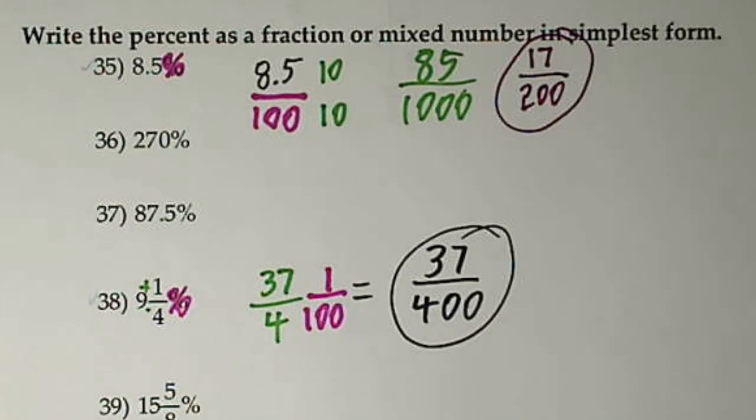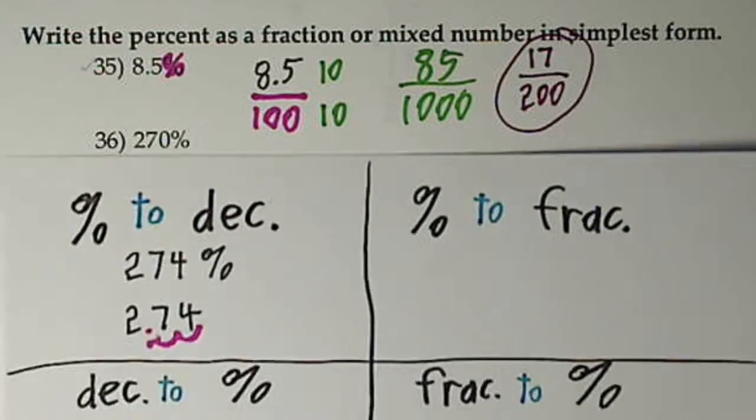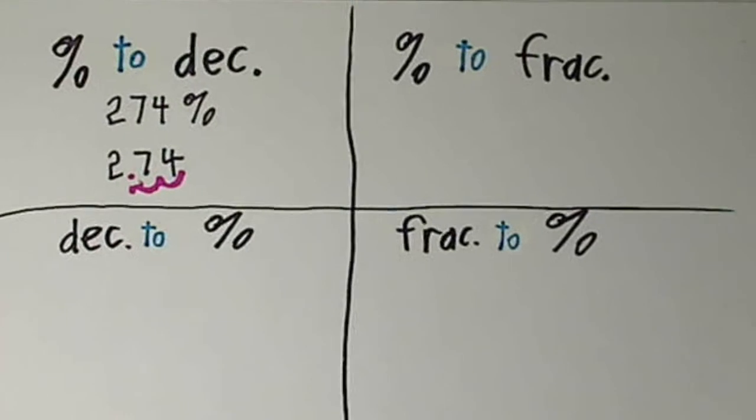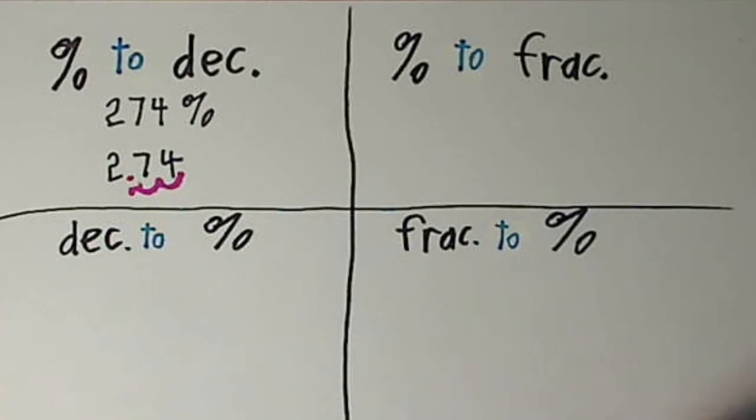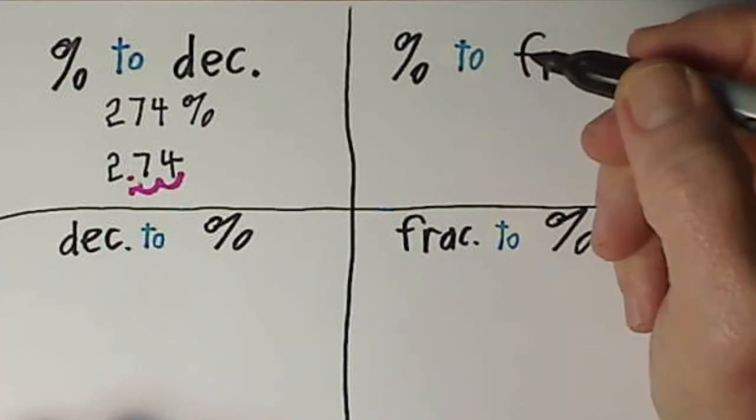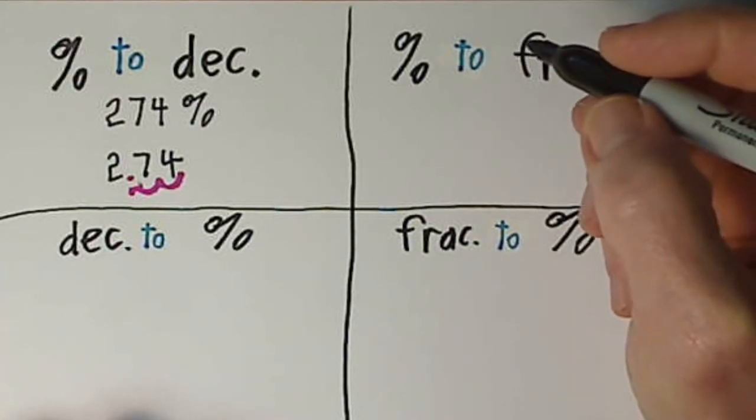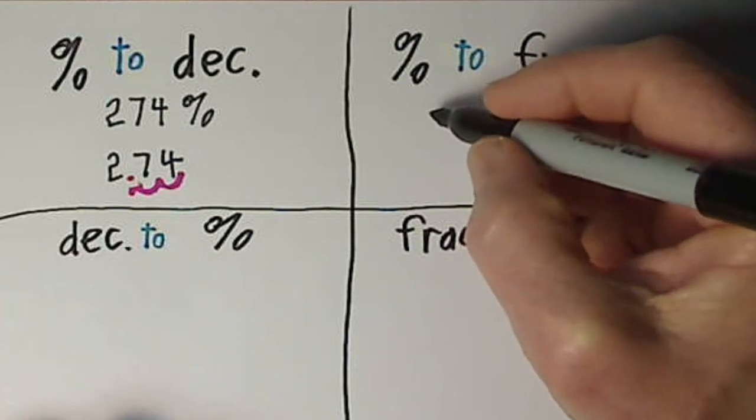So let's see if our quick little summary, maybe on the summary percent to fraction I'll do it a little bit different, because I didn't give you an example where you had, say, I'll do one that you might be familiar with.